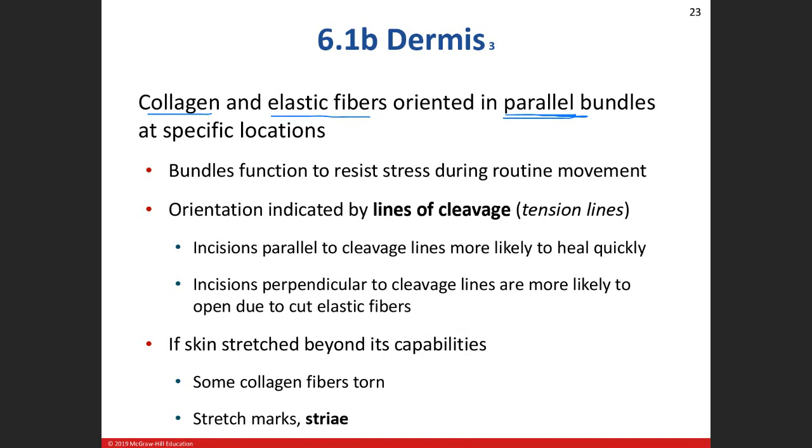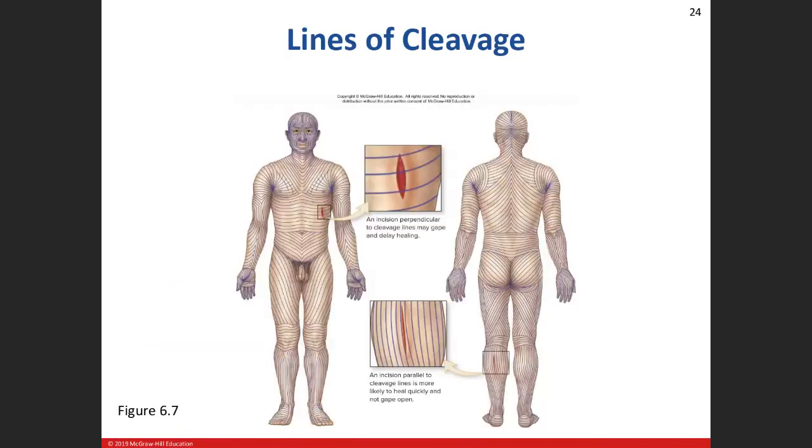And now this is where, if anyone's planning on becoming a surgeon, this concept is hugely important for plastic surgery, because when you are cutting into the skin, you need to know this. Yeah, see this map here?